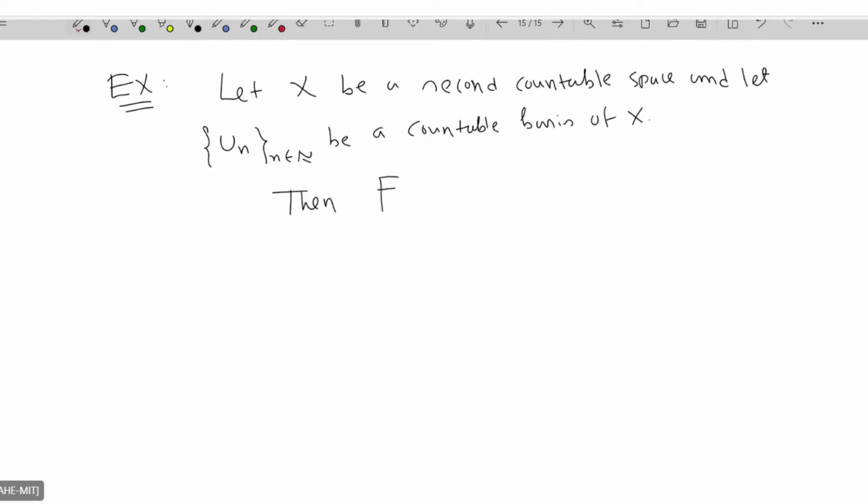Let's say A equals the union over n equals 1 to infinity of closure of B_n minus B_n. Is it meager? If you can prove that closure of B_n minus B_n is a nowhere dense set, then you can say that it is meager.